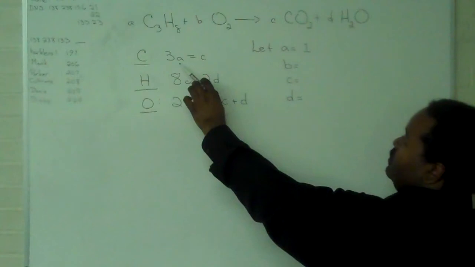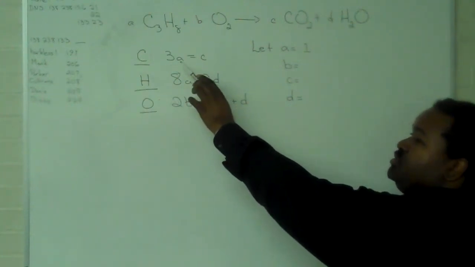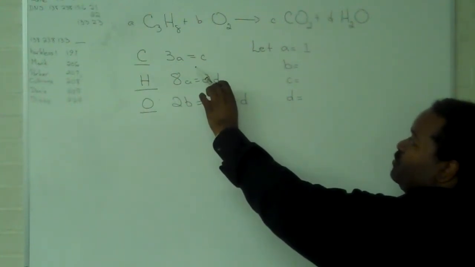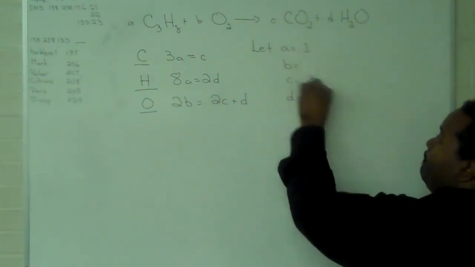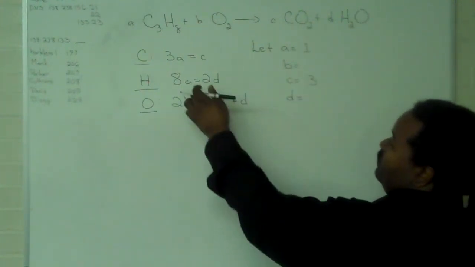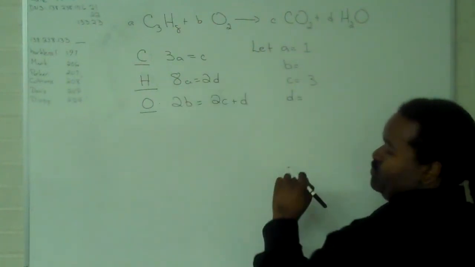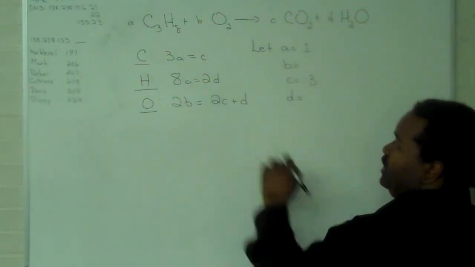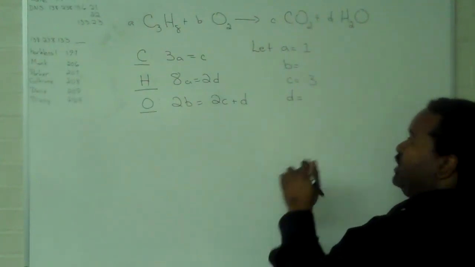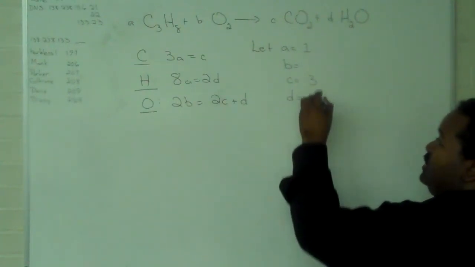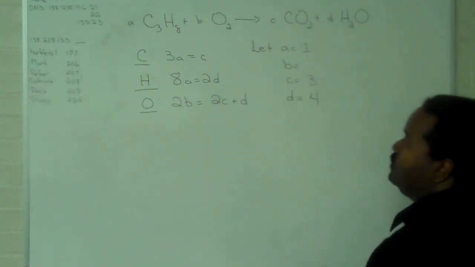If A equals 1, then from the carbon equation, 3 times 1 is 3. So C will equal 3. If A is 1, 8 times 1 is 8, and 8 equals 2D. So 8 divided by 2 tells me that D will equal 4.